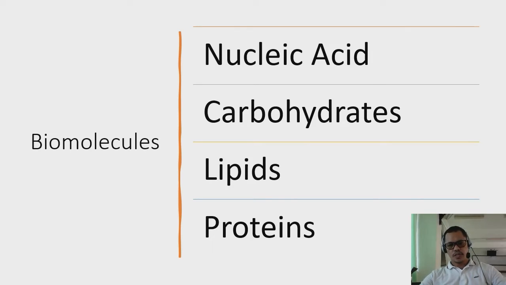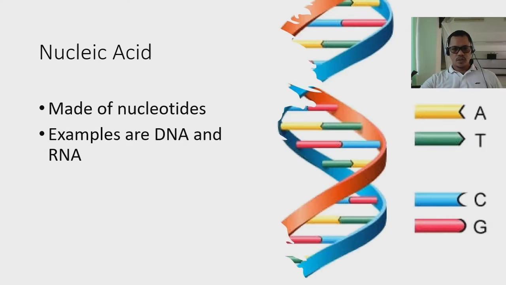So to continue, when we talk about biomolecules, these are mainly the four types of macromolecules. One is nucleic acid, next is carbohydrates, and the other one is lipids, and then the last one is proteins. So when we talk about nucleic acid, these are actually made of nucleotides.